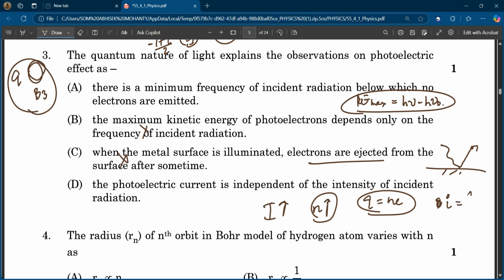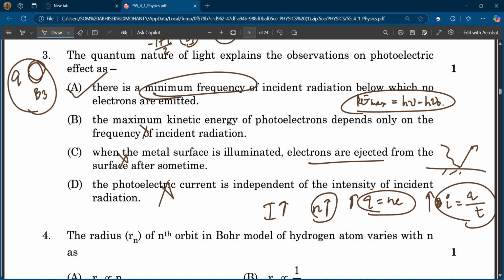So this is wrong and the first option is correct. The minimum frequency of incident radiation below which no electron is emitted is called the threshold frequency. All right, this one is done.